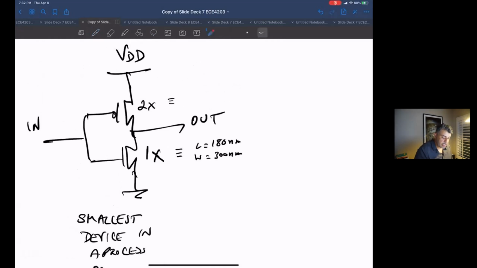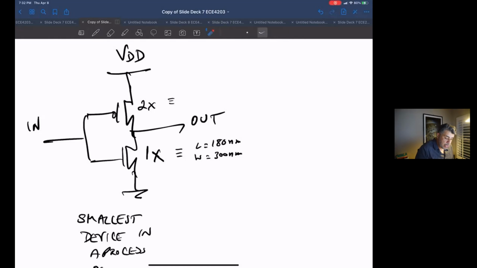Because the resistance of the PMOS, or the current drive of a PMOS, is such that the resistance is 2 or 3 times higher than that of an NMOS, or the other way to look at it is the current drive of a PMOS is 2 to 3 times less than an NMOS.